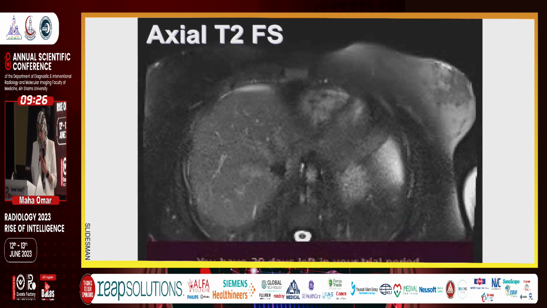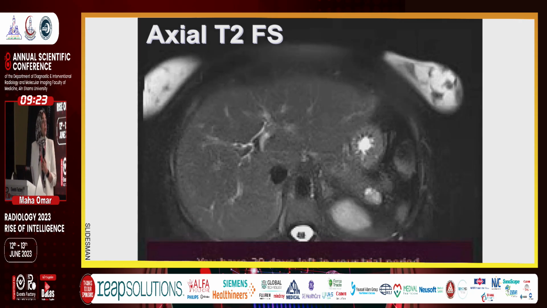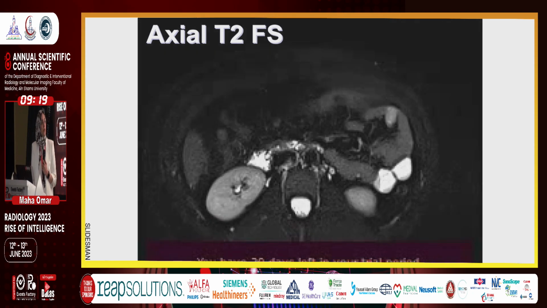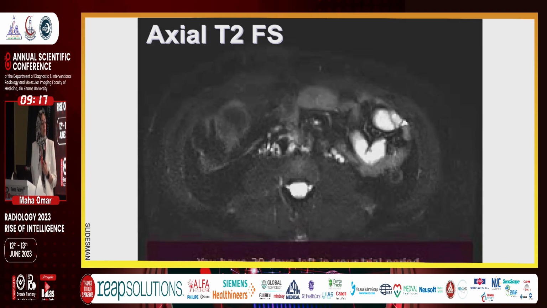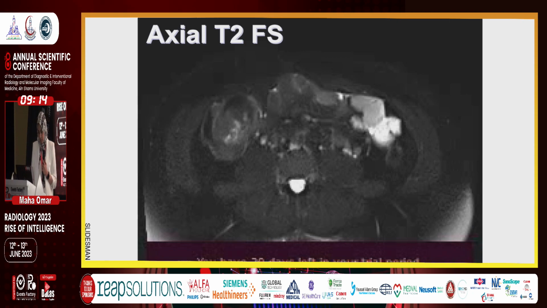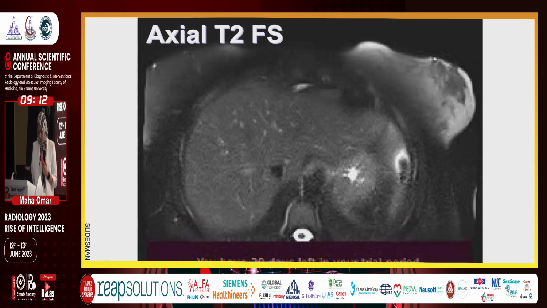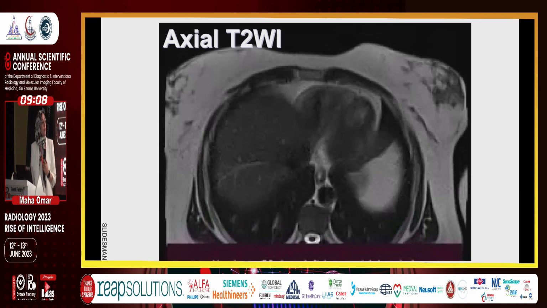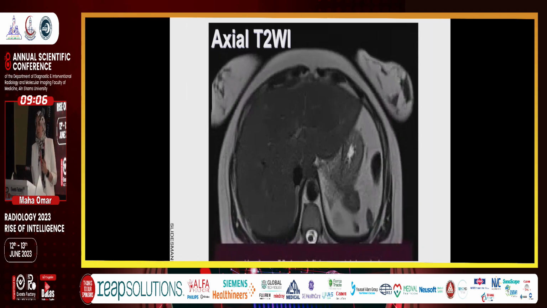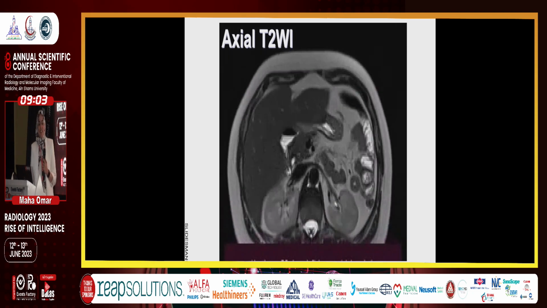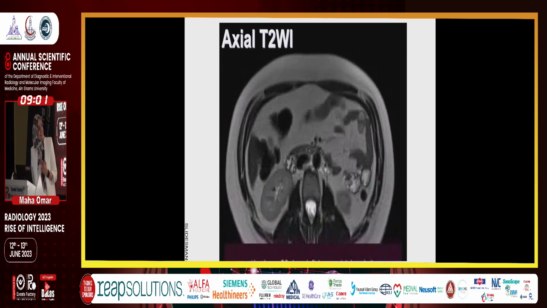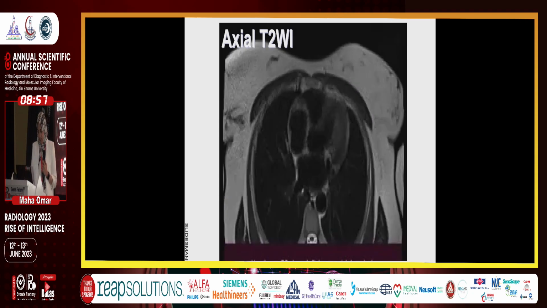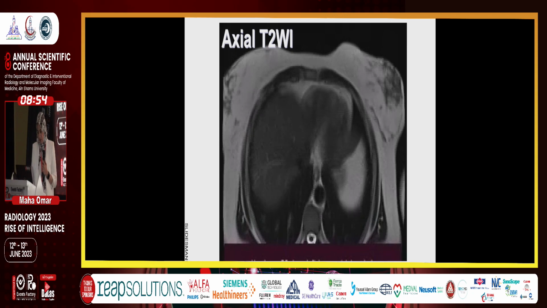The spare images, the T2 fat sat. The axial T2 images. Okay, I will repeat the axial T2 images.